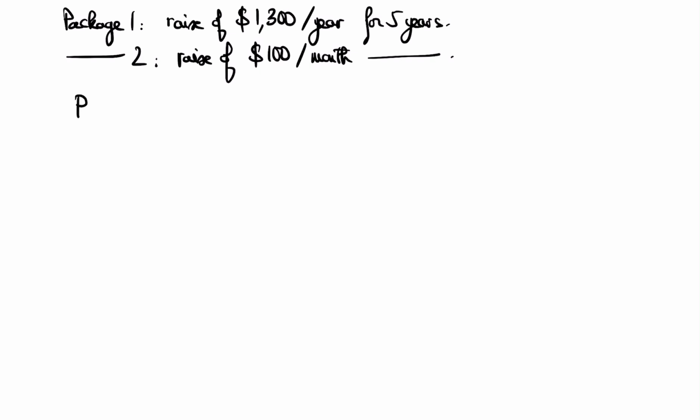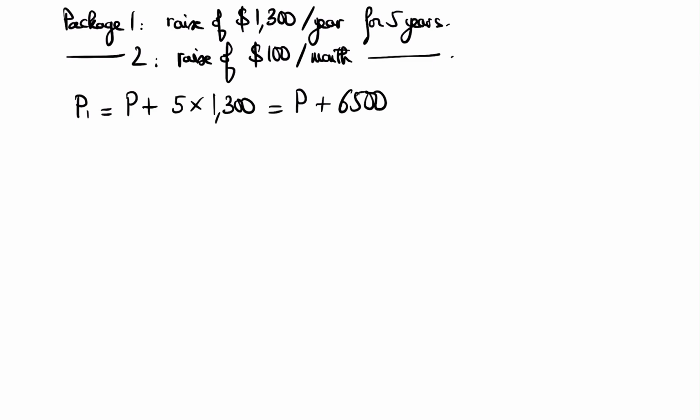So what is the salary after 5 years for package 1? Well, that would be P plus 5 times 1,300, which is P plus 5 times 13, 6,500.